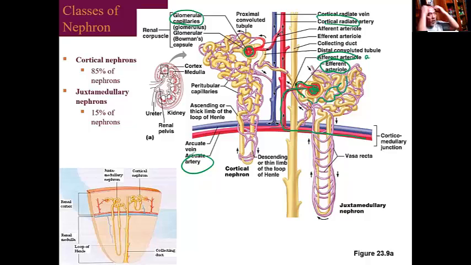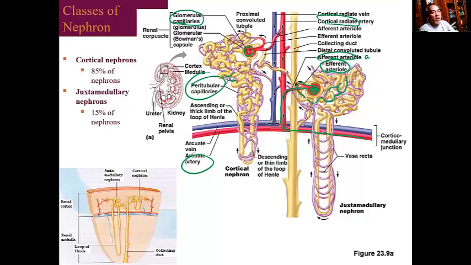If you notice, the vessel is a little bit violet in color because it's going back to the vein. The blood vessels that wrap around the tubules are what we call the peritubular capillaries.